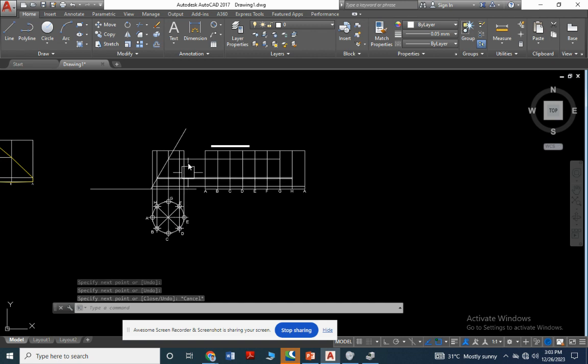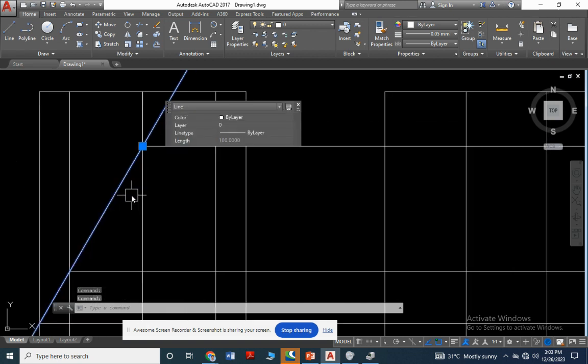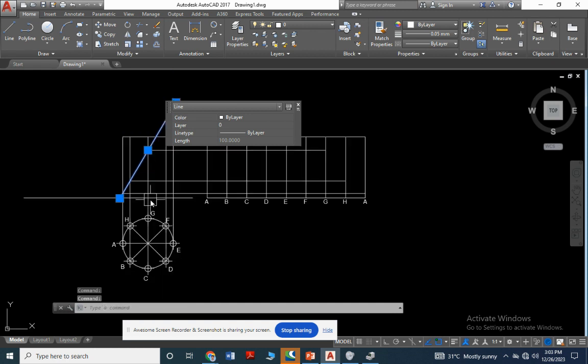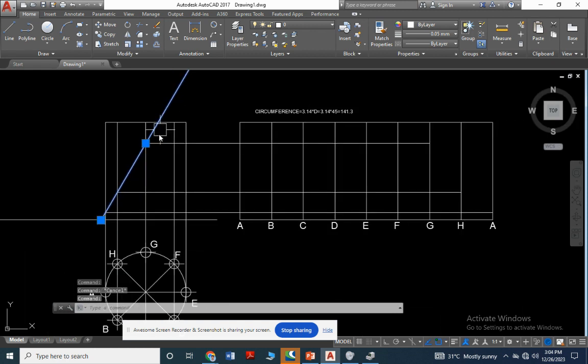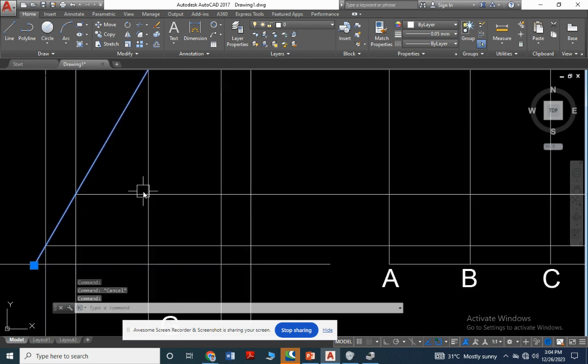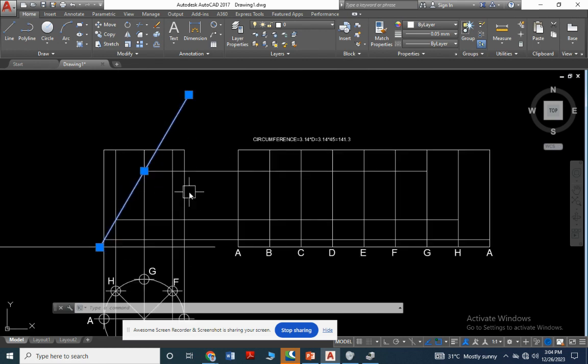Then FD, but the section plane only up to this point, C and G, and again it is straight from C to D as well as F to G and D to E. So, okay, now it is straight line only.